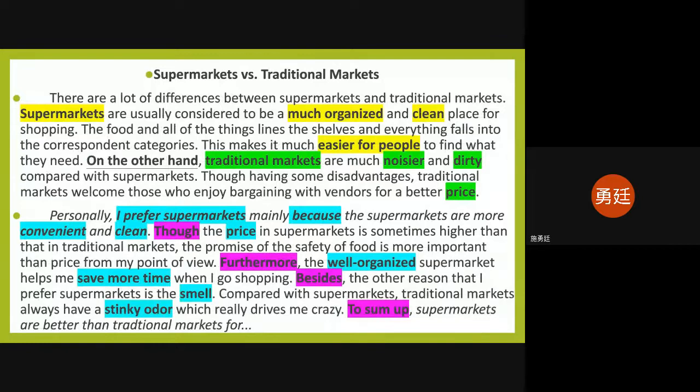好，所以大概就是会改成这个样子。比方说，他一开始是说 there are a lot of differences between supermarkets and traditional markets。所以他一开始先去讲 supermarket 是怎么样的，然后再来讲 traditional market 是怎么样，所以它是两个部分分开写的。Supermarkets are usually considered to be a much organized and clean place for shopping。And the food and all the things line the shelves and everything falls into the corresponding categories, right?